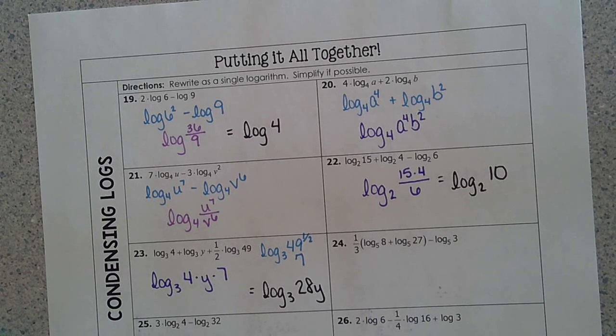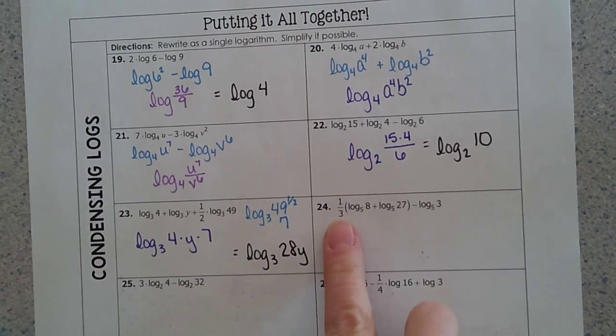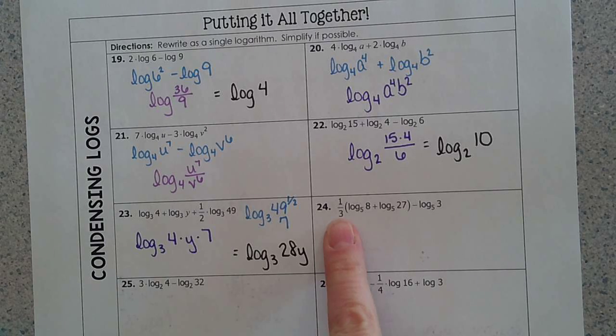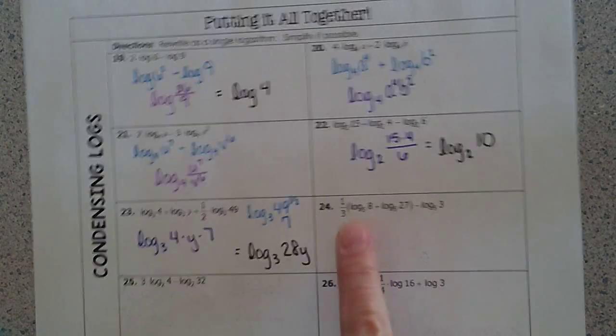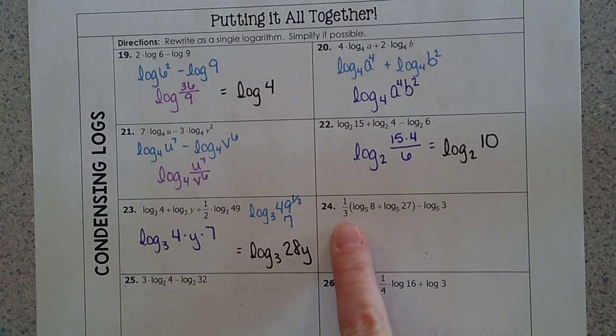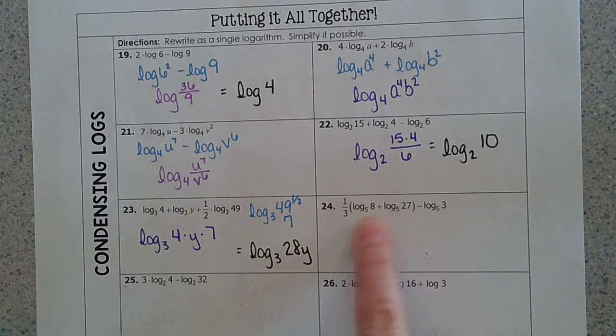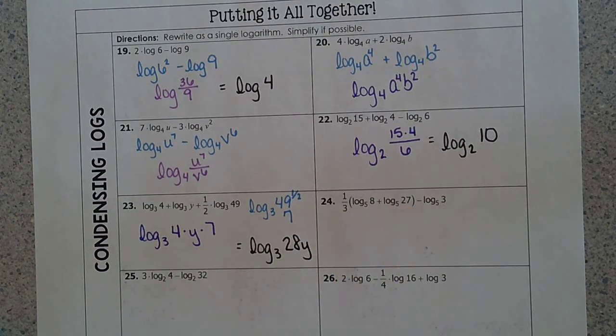Okay, looking at number 24. I have a coefficient in front of parentheses. That means everything inside has that same coefficient. And it's a 1/3, so it's going to be an exponent to 8, and it's going to be an exponent to 27.